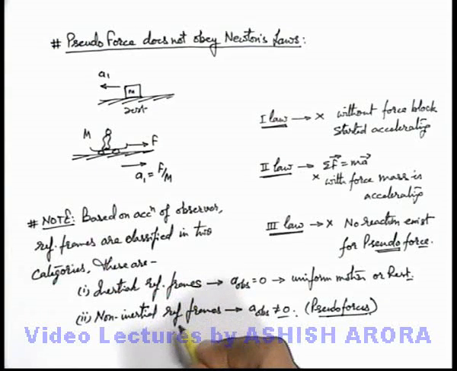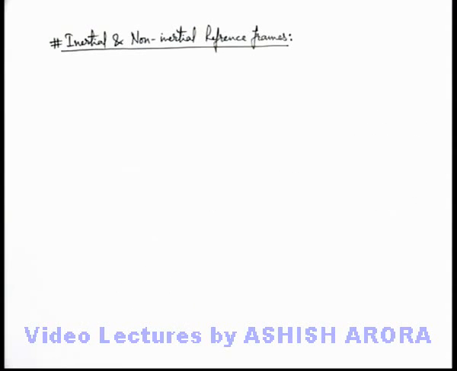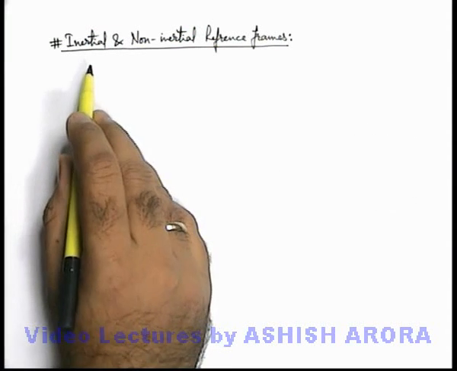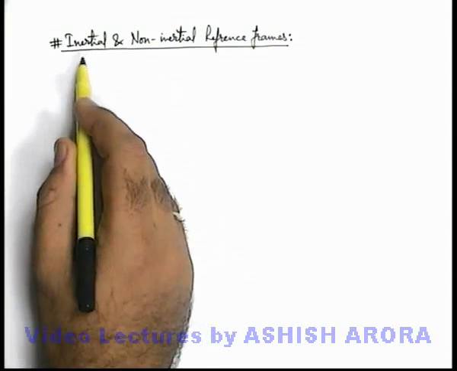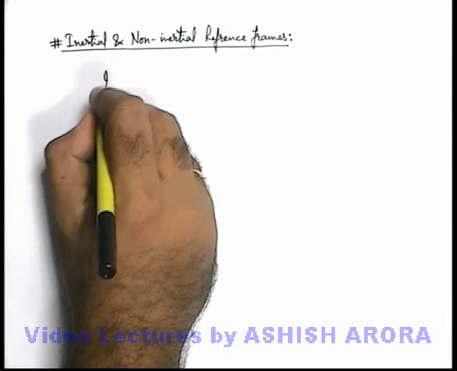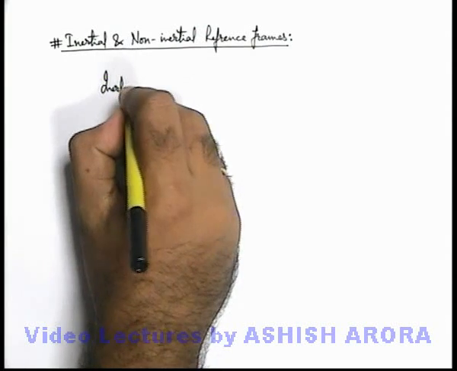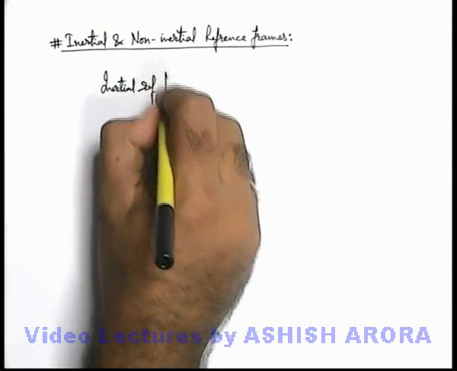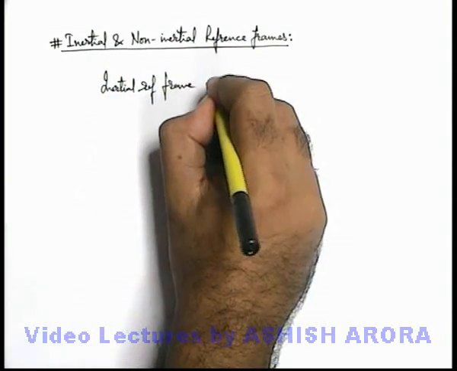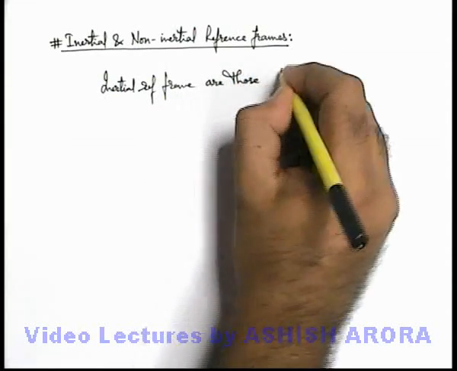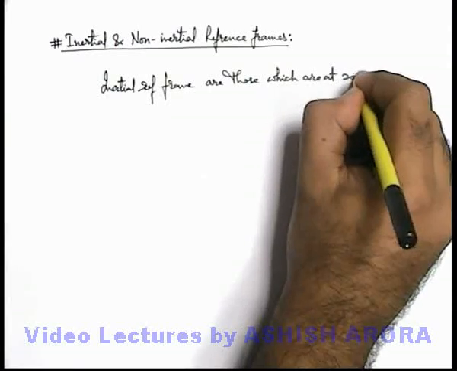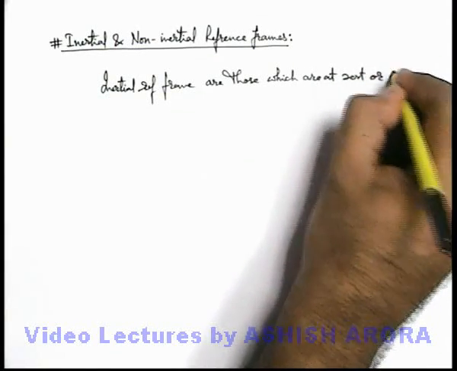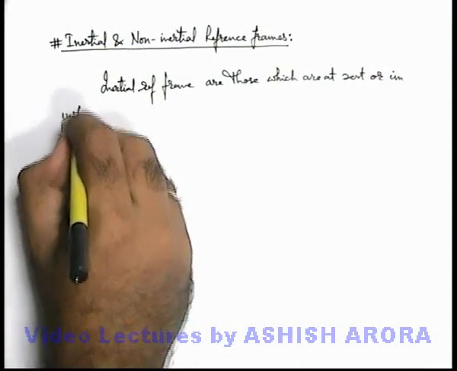Now we are going to discuss these reference frames in detail. Now we'll write something about inertial and non-inertial reference frames. As we have just discussed, inertial reference frames are those which are at rest or in uniform motion.